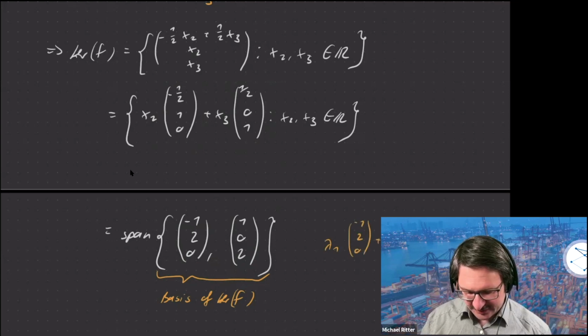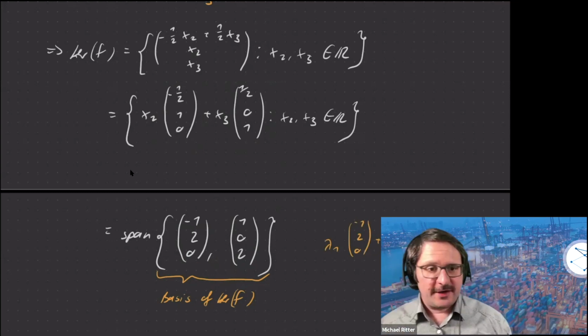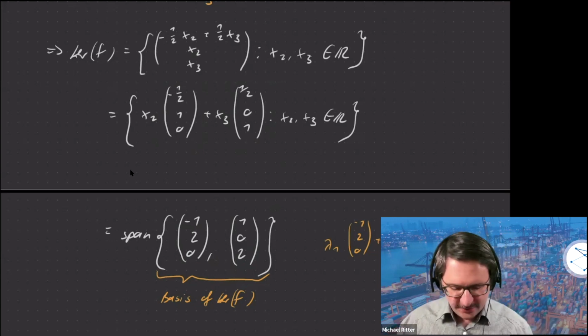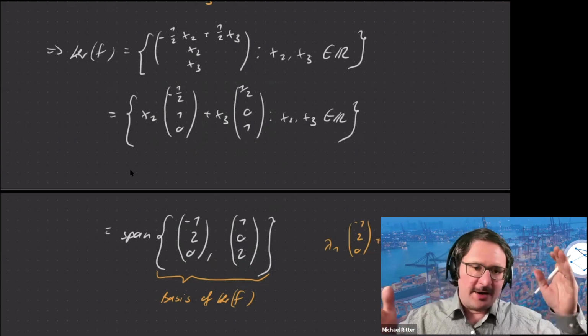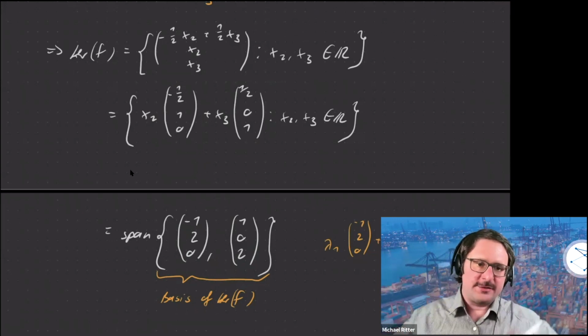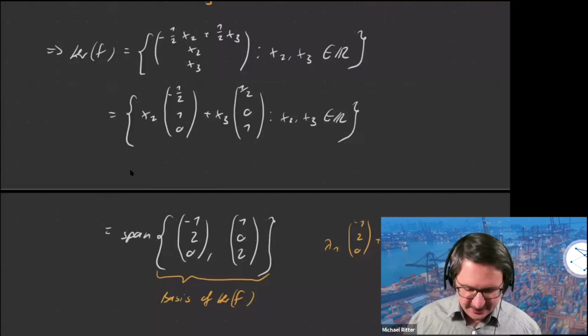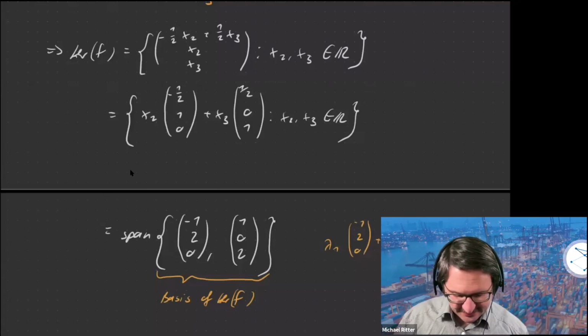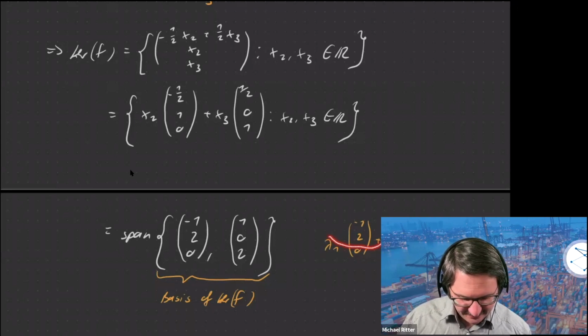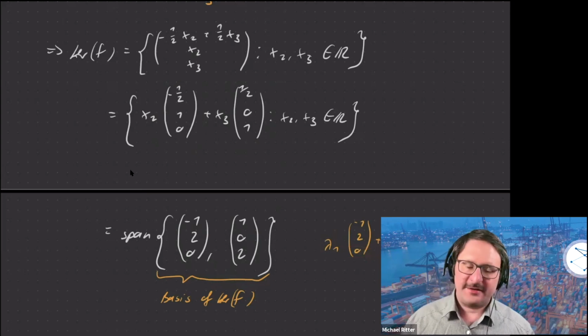So I need to determine lambda 1, lambda 2 such that this is (0, 0, 0). To prove that they are linearly independent, I have to show that setting lambda 1 and lambda 2 to 0 is the only possible solution. And if you look at the last line here, it says 2 lambda 2 equals 0, so necessarily lambda 2 has to be 0.